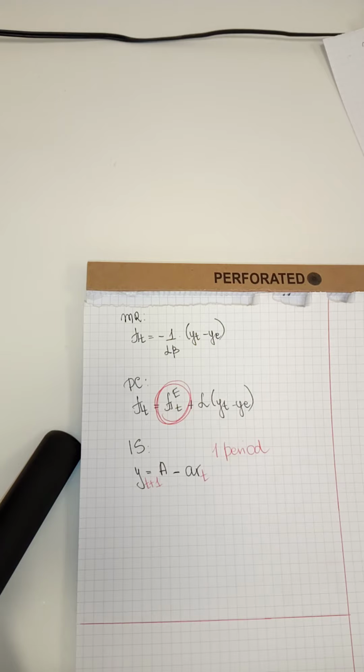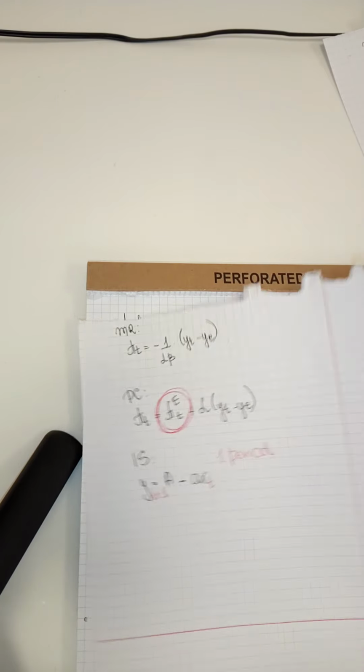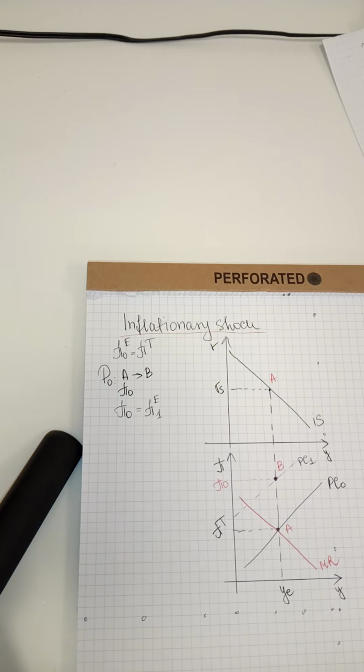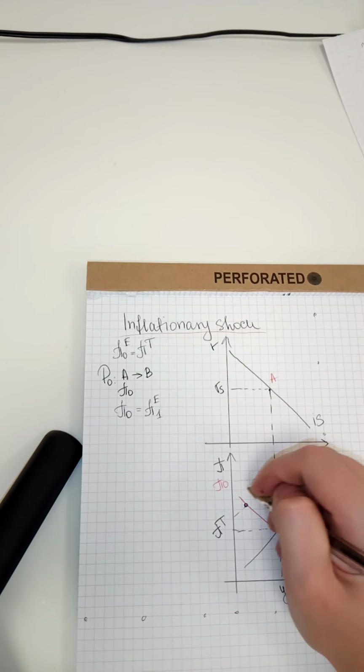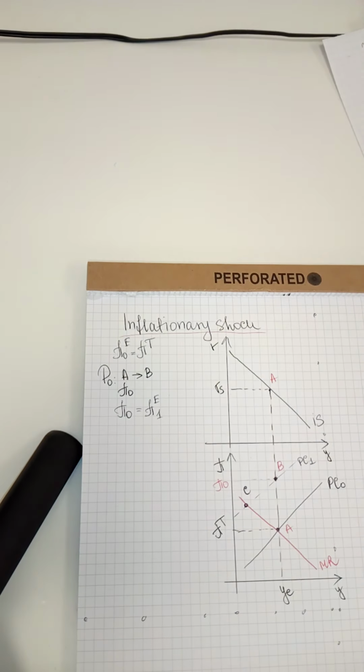So if it increases, the curve basically shifts up. Okay, fine. So the central bank predicts PC1, here we have it, and the central bank knows that in the next period, C will be the optimal point, simply because it's going to be at the intercept of the monetary rule and the Phillips curve in period 1.